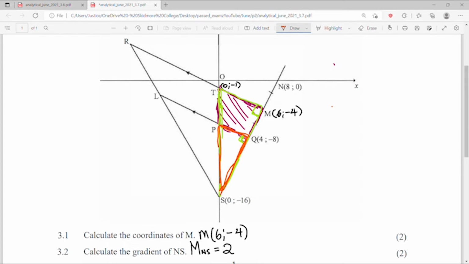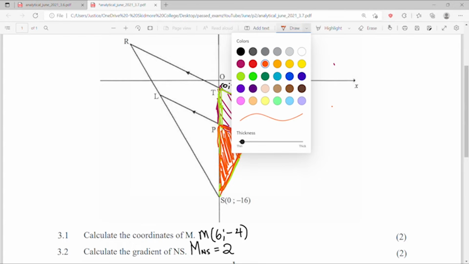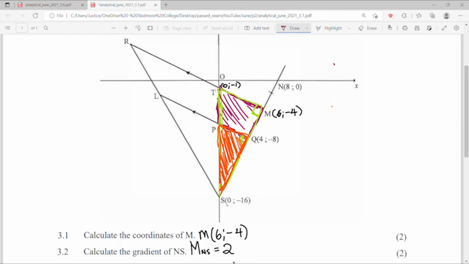And I hope you can realize that if you find the area of the larger triangle, in green, and then you subtract the smaller triangle, which is orange, the area that's going to be left is this area right here, and that's the area that they are looking for.